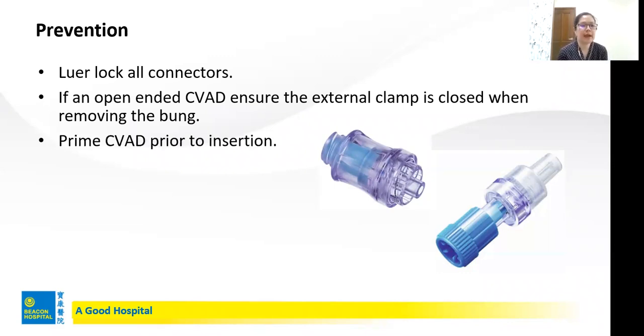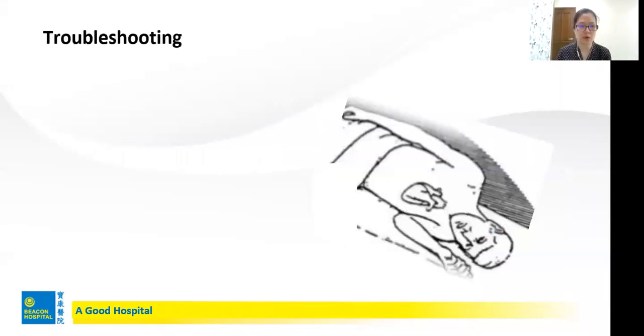You have to make sure you prime all your CVAD, your tubing, your infusion, everything. Make sure there is no air bubble well before you insert or connect to your CVAD. Okay, what if air embolism has already happened, presenting with all the signs and symptoms that I listed just now?